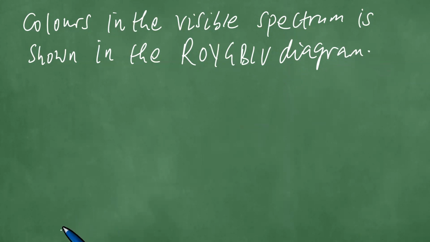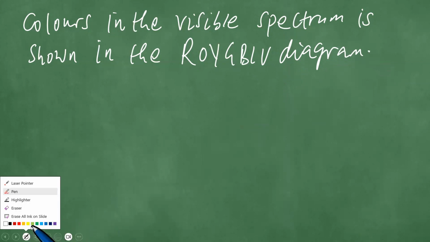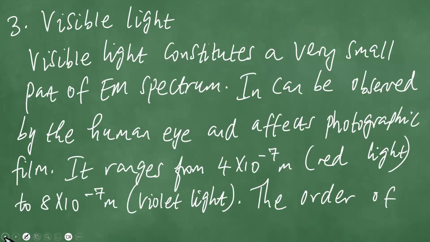Okay, so we have this. Visible light constitutes a very small part of the EM spectrum. We note that the visible light is just a small portion of the electromagnetic spectrum. It can be observed by the human eye and affects photographic film.